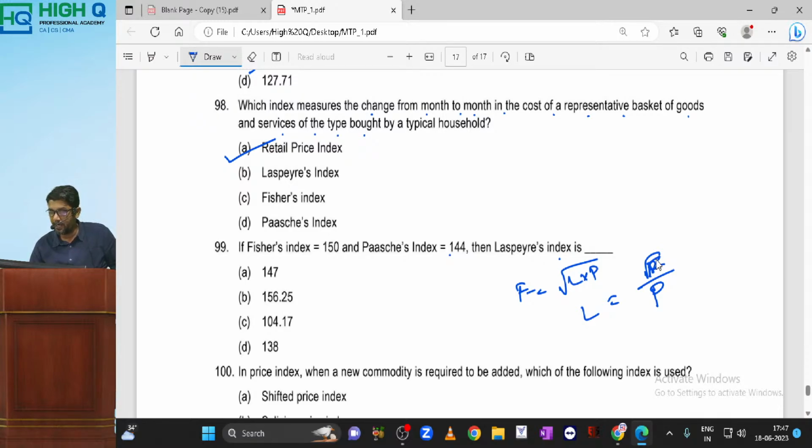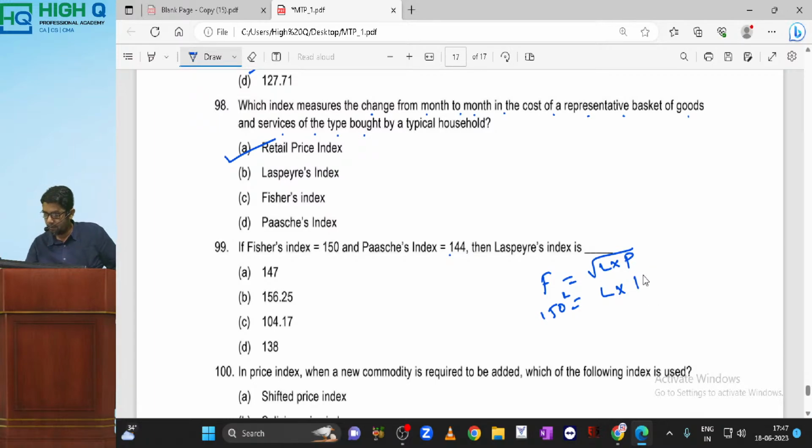Root 150 divided by 144 into 100. Not root 150, my dear. 150 the whole square. What am I doing? 150 square is equal to L into P. What is P?